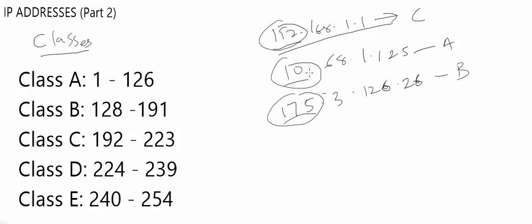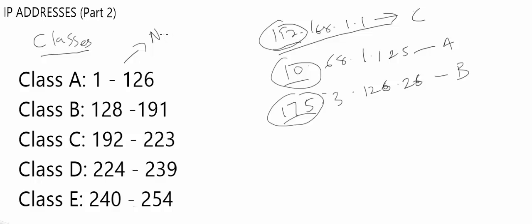Now, we are looking at the first octet. You can guess which class the IP address falls into. What is the essence of all these? Why do you put them in classes? In class A IP addresses, the first octet is used for network addressing.